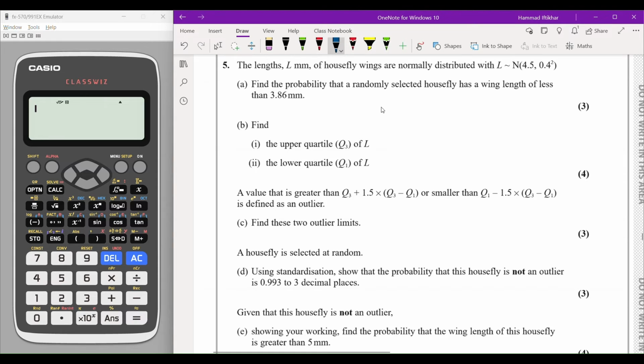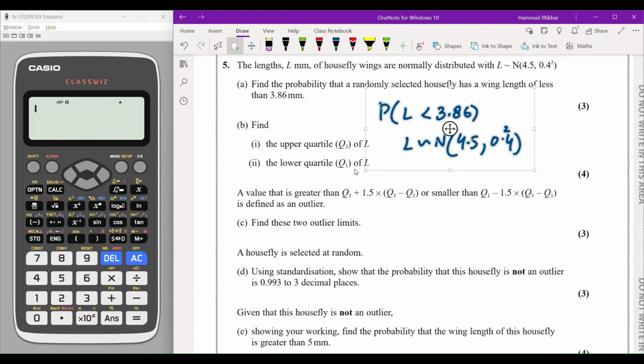So basically what we're looking for is probability of length less than 3.86 millimeters. Okay, and we have L normally distributed 4.5, 0.4 squared. Okay, so let's copy this and paste it down.